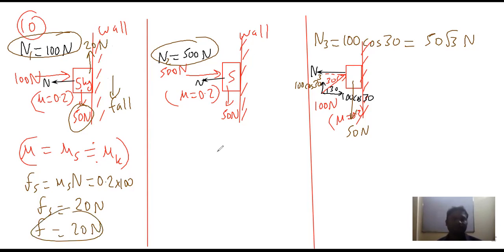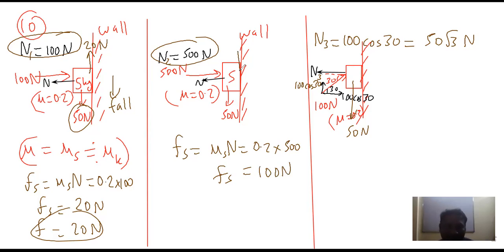It will fall. Second case, let us consider 500 Newton. So here also the maximum value of friction is mu s N, which is 0.2 into... No, in this case it is 500 because normal reaction is 500 here. So maximum value of friction will come out to be 0.2 into 500, which is 100 Newton.